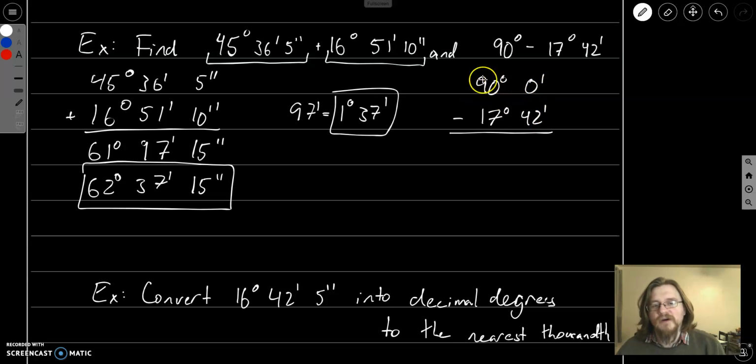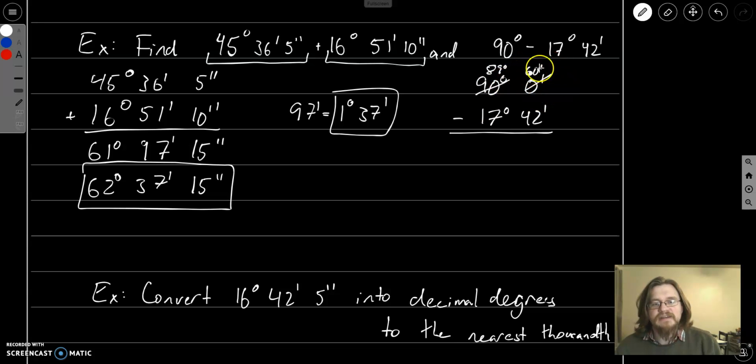So I'm going to have to borrow some minutes from these degrees over here. And again, every degree is worth 60 minutes. So I'll borrow 1 degree, and I'll be left with 89 degrees. And instead of having 0 minutes, I've now got 60 minutes, because that's how many minutes there are in every degree. So 89 degrees and 60 minutes is the same thing as the original 90 degrees and 0 minutes.